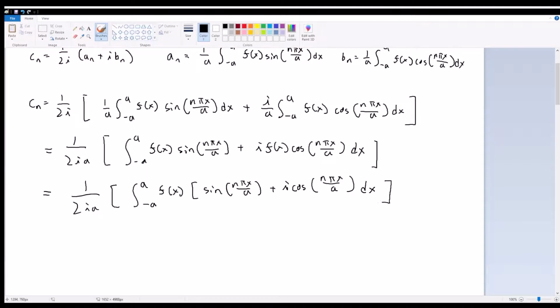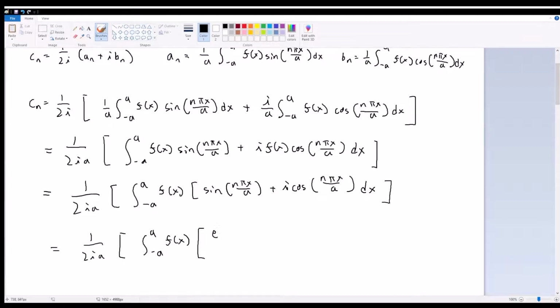Okay, so we're trying to convert this into a complex exponential. So immediately you should think of Euler's formula. If we do that, then we have 1 over 2ia times this integral from negative a to a of f of x. And then we start turning these into complex exponentials.